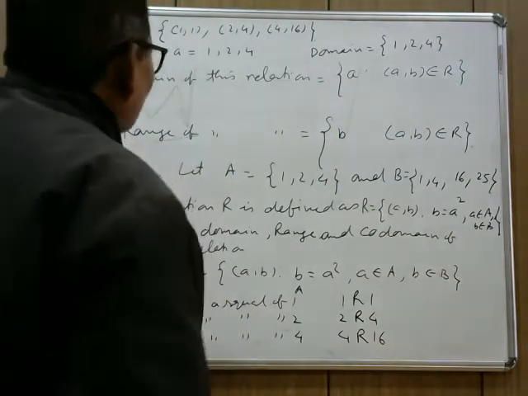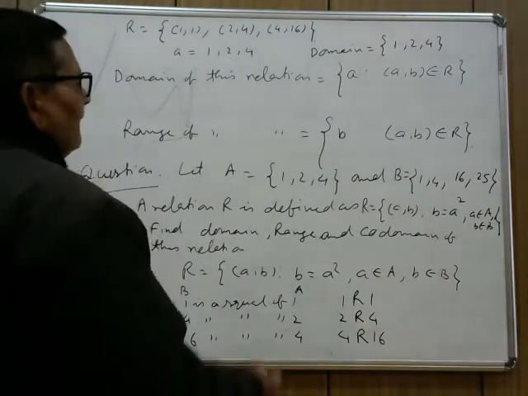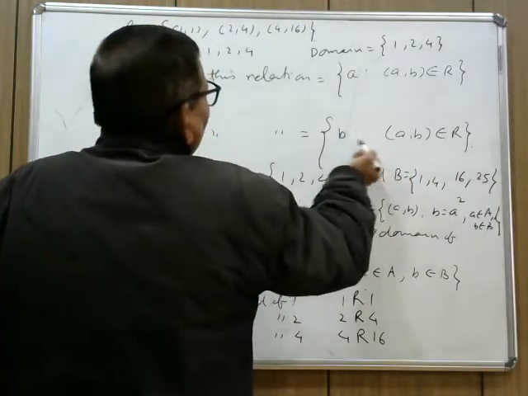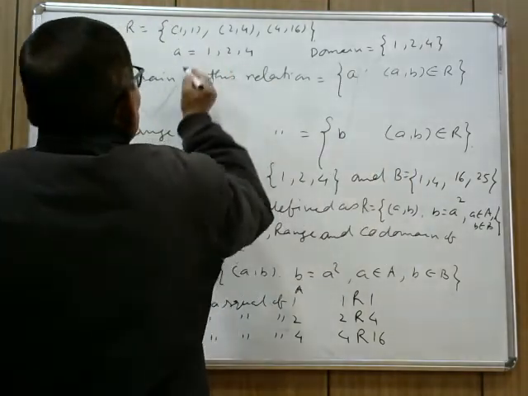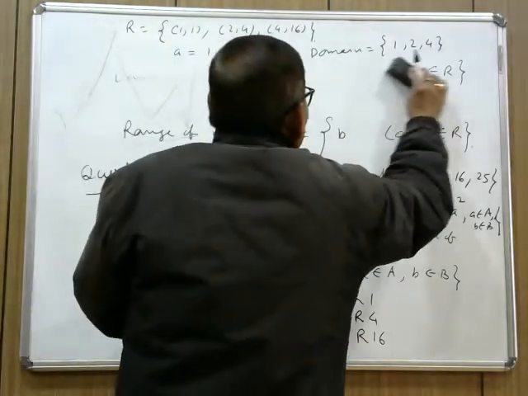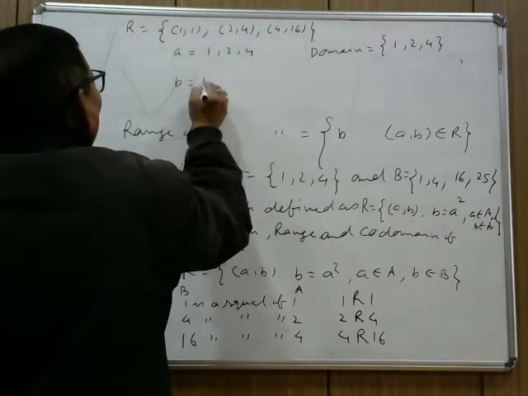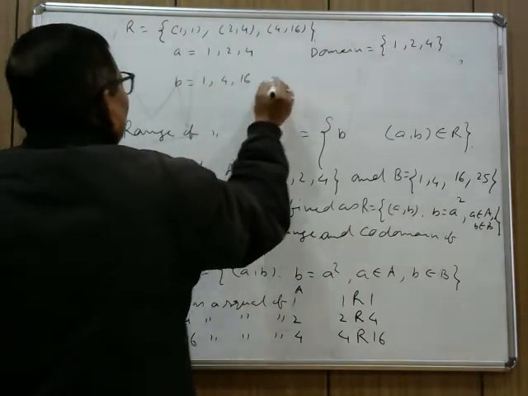Now come to the range of this relation. Your range is the collection of second elements B. B assumes the values 1, 4, 16.